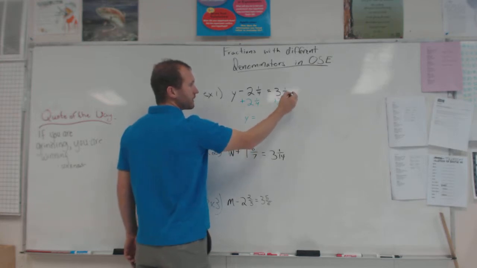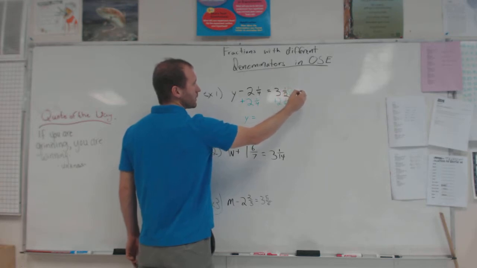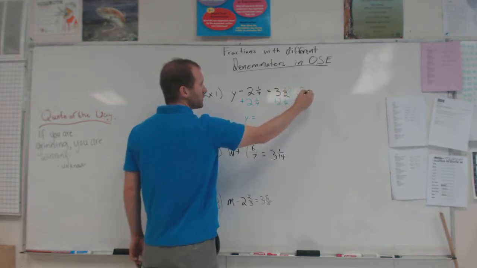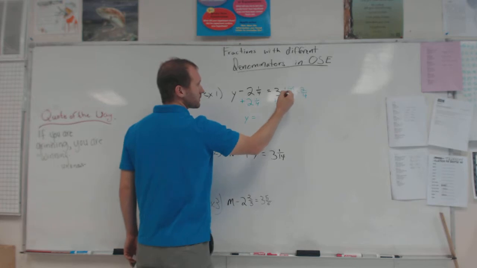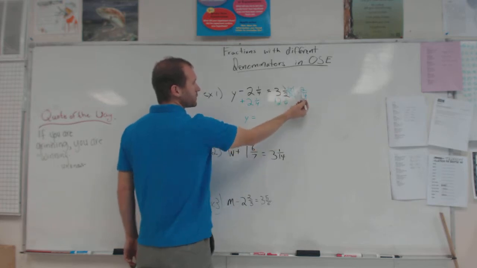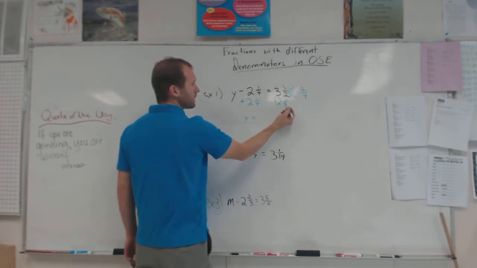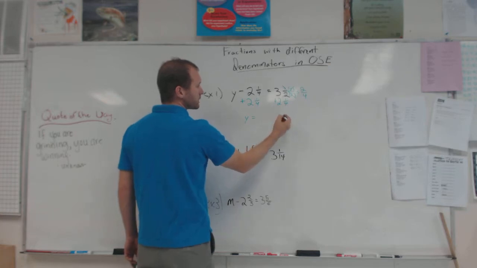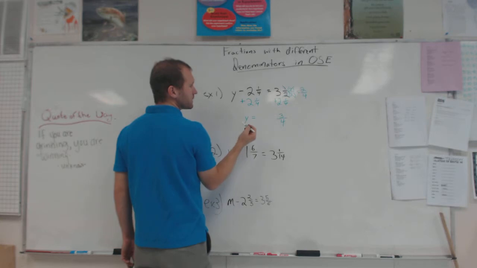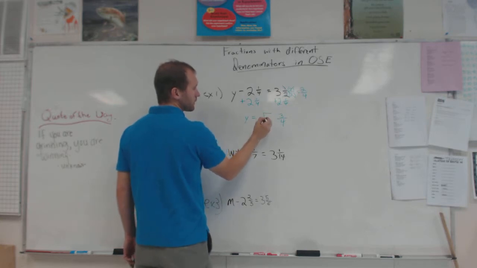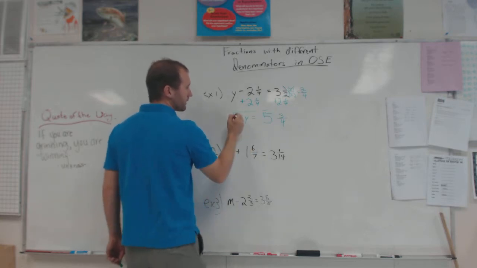The halves, right? If I multiply the halves by 2 over 2, that's going to be 2/4. Now I have 2/4 plus 1/4, which is 3/4, and I have 3 plus 2, which is 5. And that's my final answer.